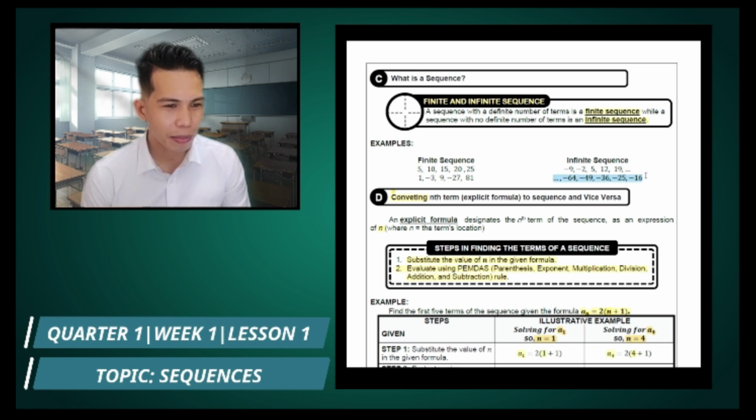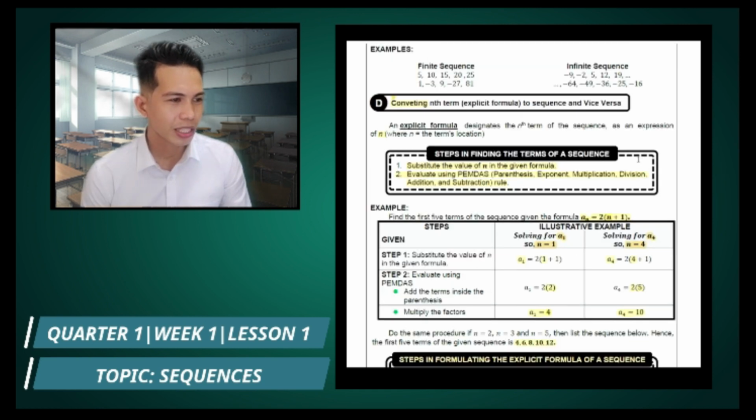On our second example, we have an ellipsis. So in other words, going left, we can write infinite number of terms following a certain rule or pattern from this given sequence. Now let's proceed on converting n term or explicit formula to sequence and vice versa.